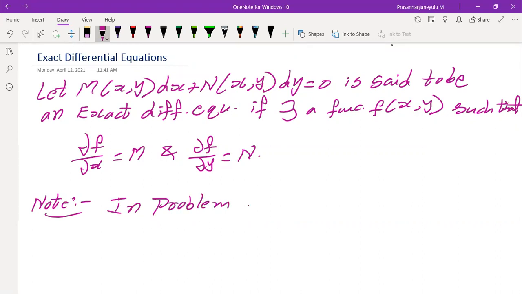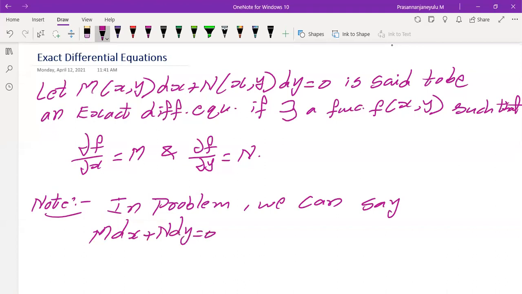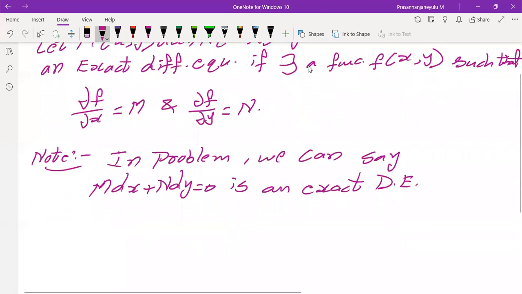We can say M dx plus N dy equals 0 is an exact DE if simply we are going to check one condition. That condition is ∂M/∂y equals ∂N/∂x.